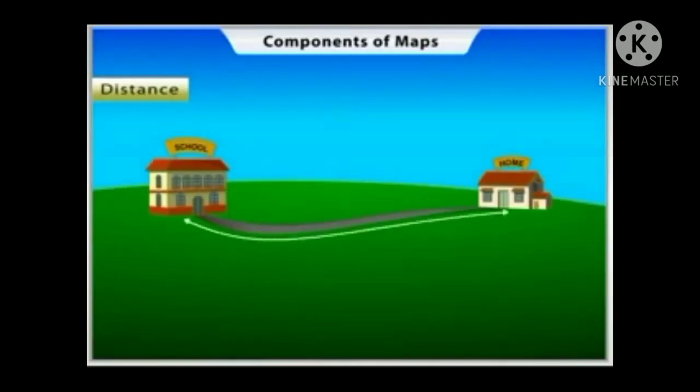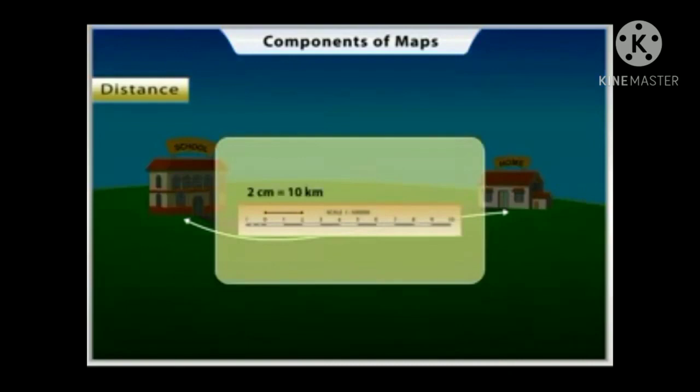The distance between your school and home is 10 km. If you show this 10 km distance by 2 cm on a map, 1 cm is equal to 5 km on the ground. The scale will be 1 cm is equal to 5 km.